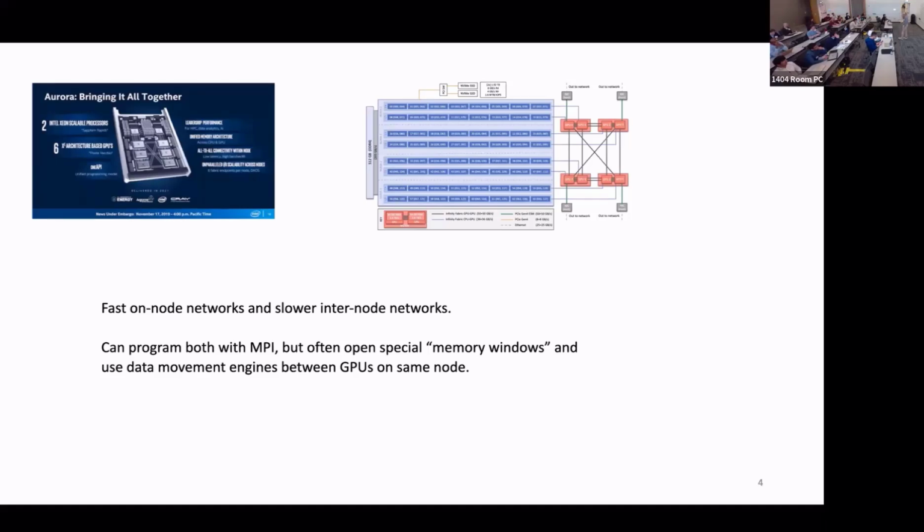If you're wise, you will also make sure that you map the geometry of your problem to that hierarchical network so that you maximize the amount of intranode bandwidth that you're using and minimize the amount of internode bandwidth you're using, because the intranode is a heck of a lot faster than the internode, right? So you have to recognize the hierarchy of the hardware.